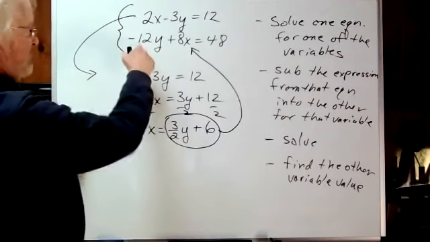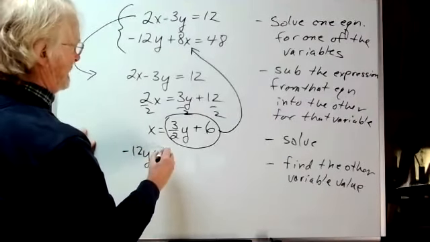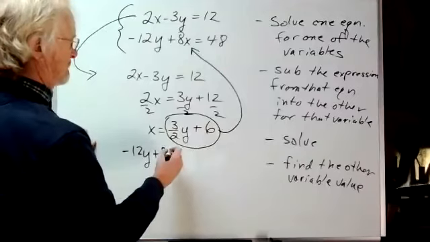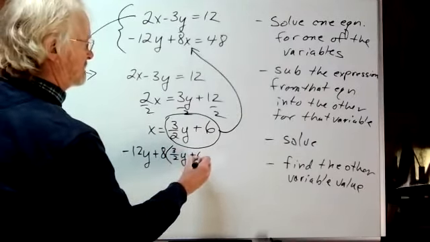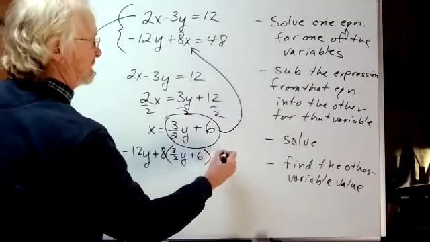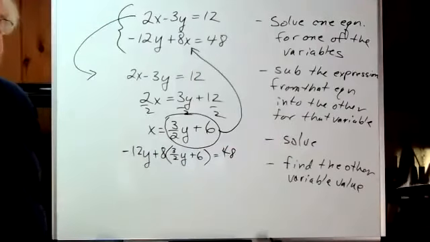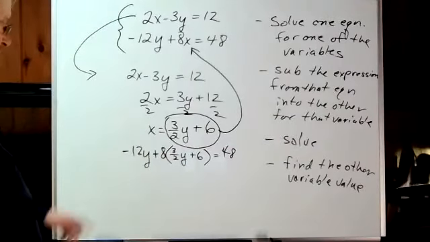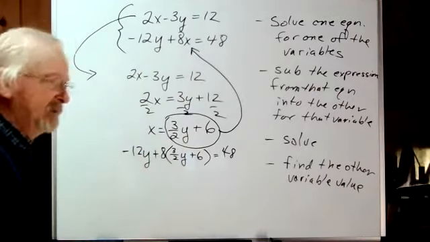This equation: minus 12y plus 8 times all of that. Yeah, about as messy as they're going to get. Understand, there's the substitution. This does have some distributing I have to do.